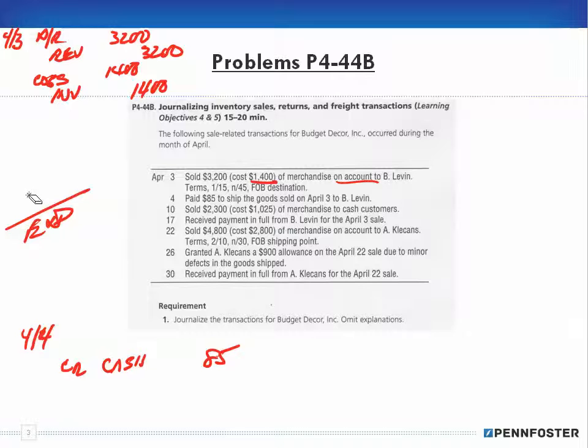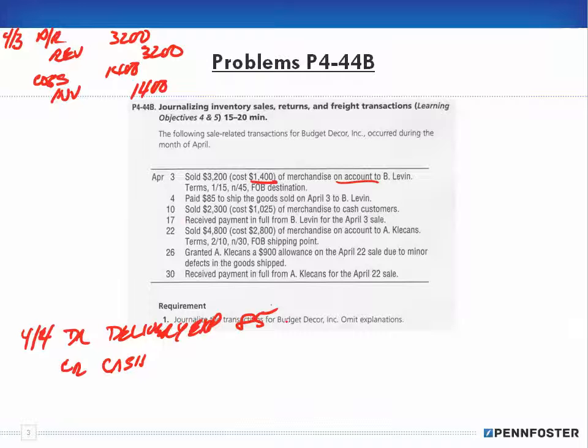So when we make the sale and we have shipping on it, this becomes an expense. In this case, I would call this freight and shipping expense. They're calling it delivery expense in the solution. So that would be for $85, and my journal entry would be a debit to delivery expense and a credit to cash for $85.